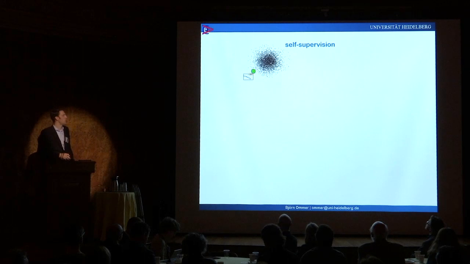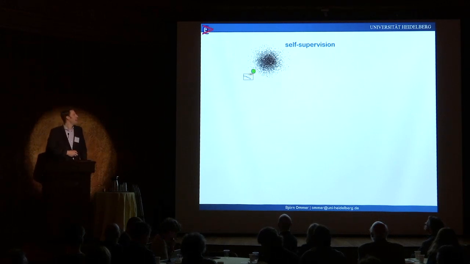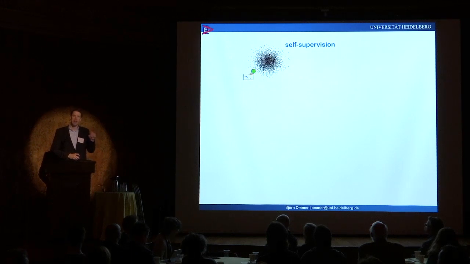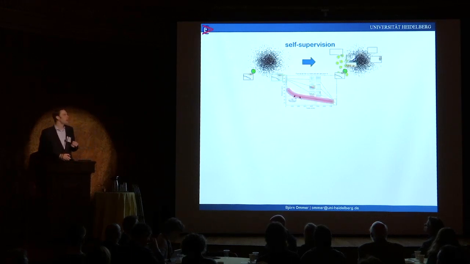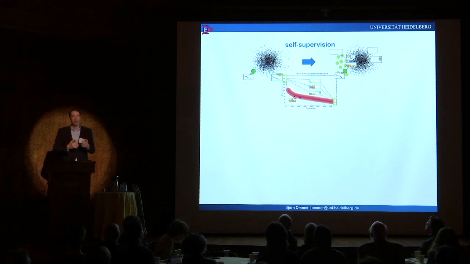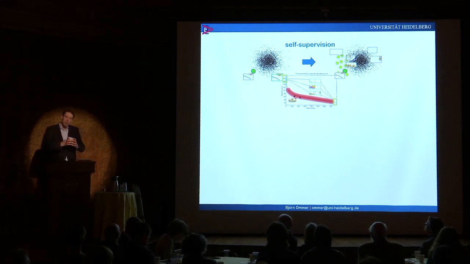So, to keep it short here: this crown, which is again lost for whatever reason, is one which you can randomly pick. All of your data is here, this huge black cloud. You pick just one entity, and then by means of these few reliable samples, here in green, and a few unreliable data samples that you have, you try to bootstrap yourself, reason about their interrelationships so that you can grow this set of reliable data samples.